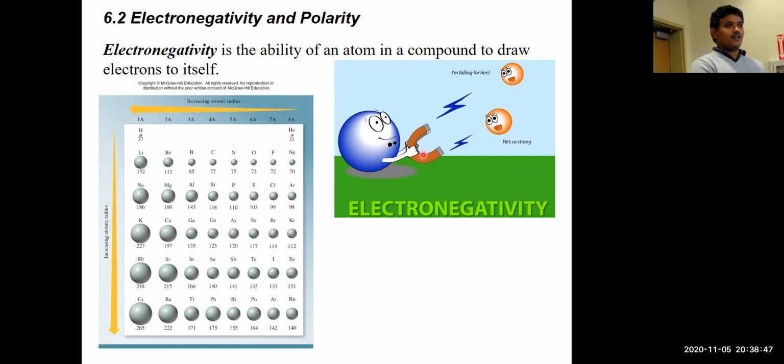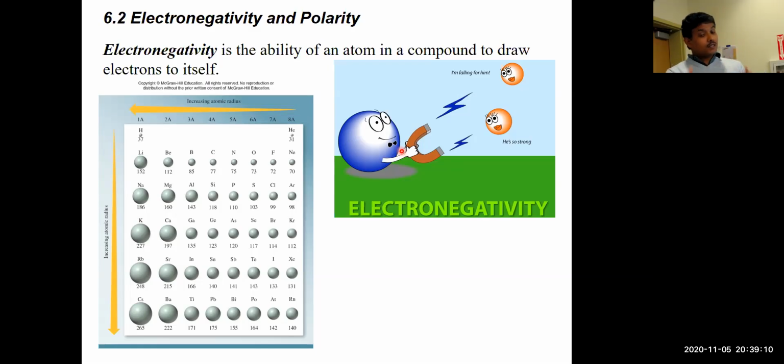Here, jokingly, this image shows that it is using a magnet to attract those electrons. It's almost like a magnetic pole, right? The positively charged nucleus attracts additional electrons because the atom becomes more stable if it attracts more electrons. So electrons are being attracted by the electronegative atom.